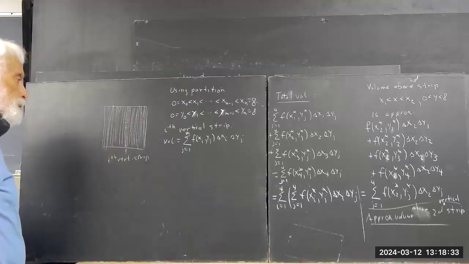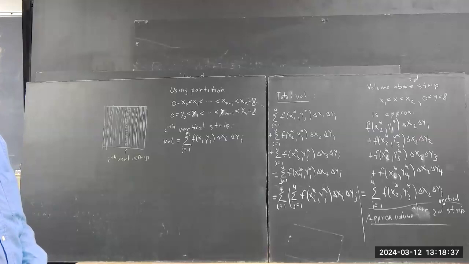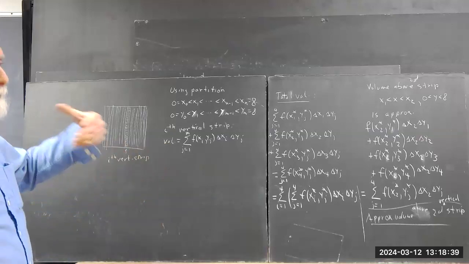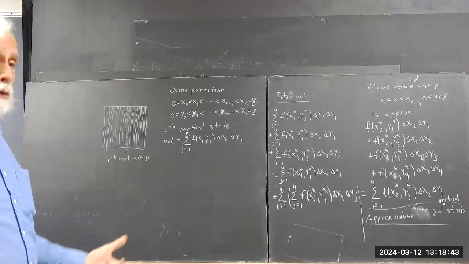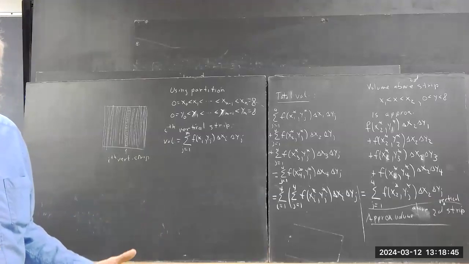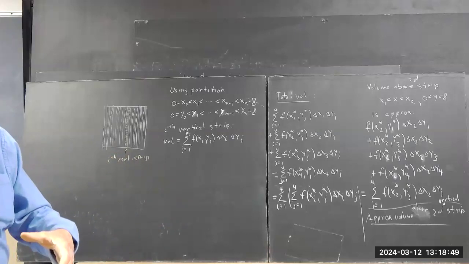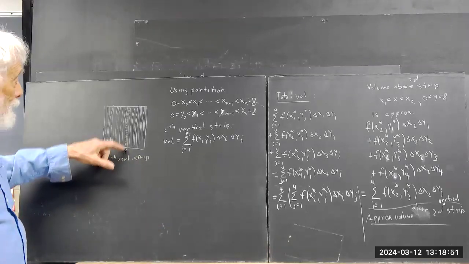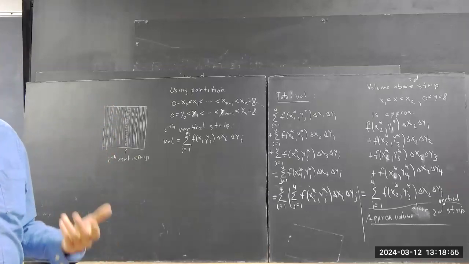Now, if we have any kind of reasonable function f of x, y, that doesn't have discontinuities, doesn't have huge second derivatives, doesn't have pathological behavior, then dividing it up this finely is probably going to give us a real good approximation.